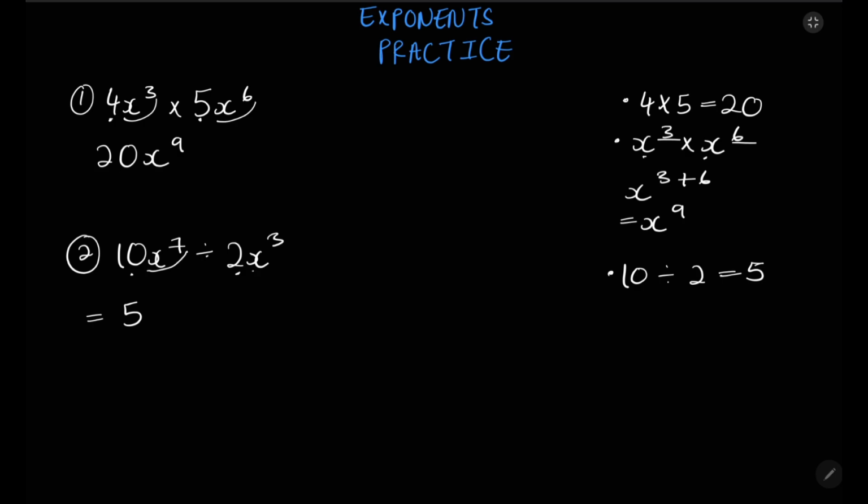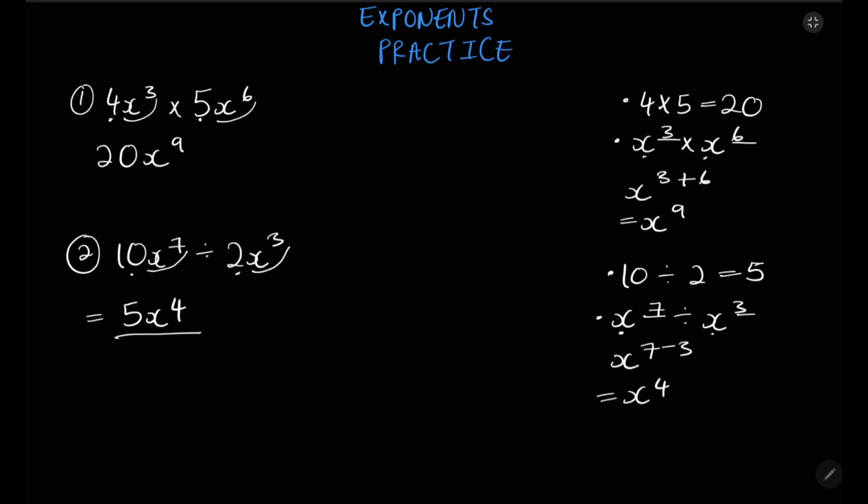We have x to the power 7 and x to the power 3. So x to the power 7 divided by x to the power 3. You have x and x, same base, then 7 minus 3, so your answer is x to the power 4. So your final answer here is 5x to the power 4.